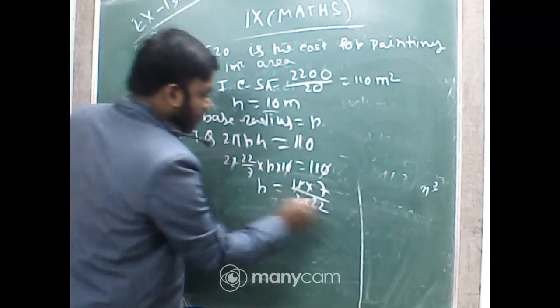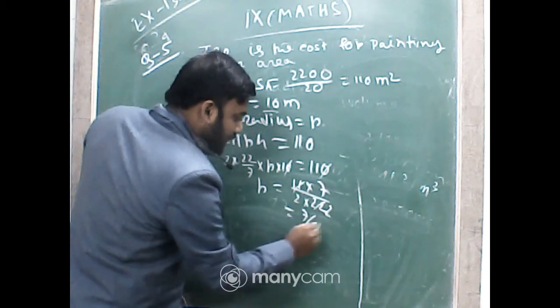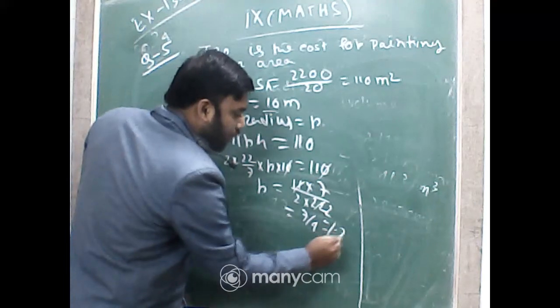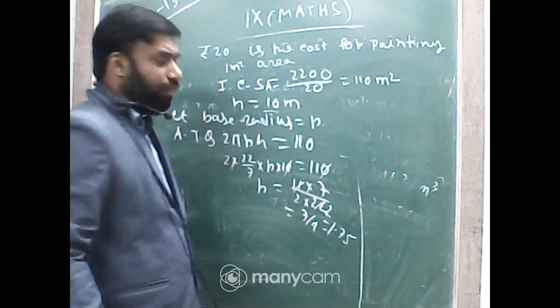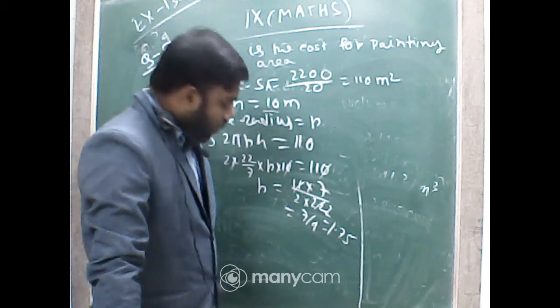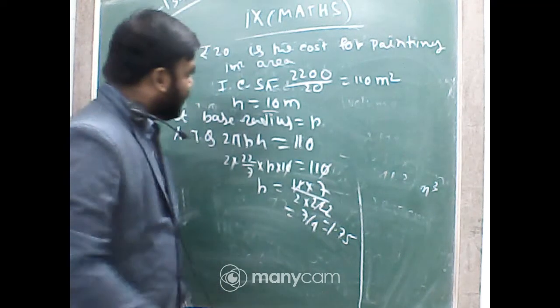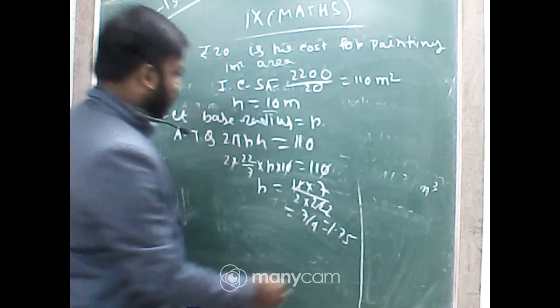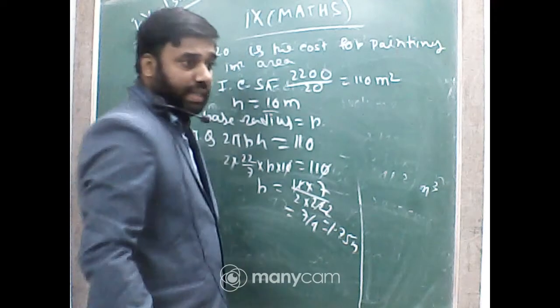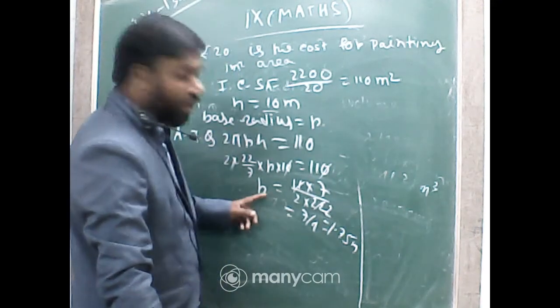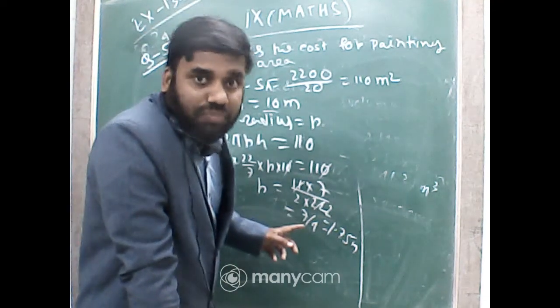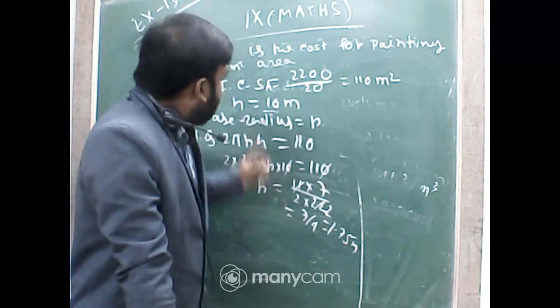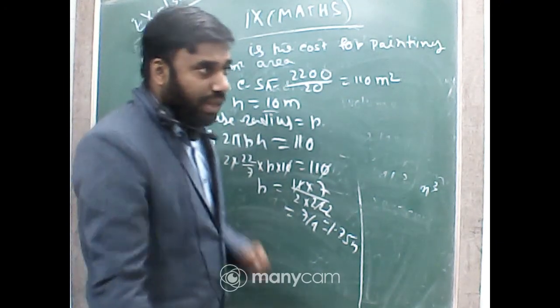So 7 by 4, which means 1.75. That is meter, not centimeter. That is the radius of that cylinder. Okay, students.